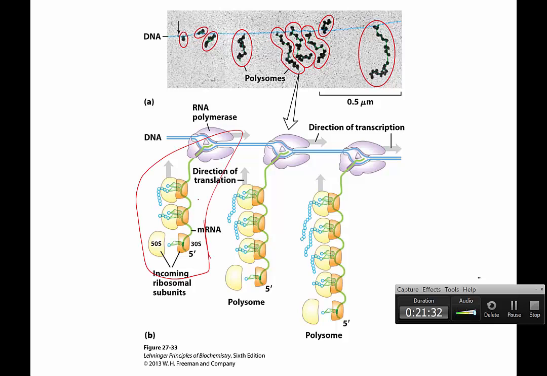These are sometimes referred to as polysomes. So this would be an individual polysome. This has multiple ribosomal units synthesizing polypeptide chains, all at various stages. So this guy here has just initiated. You have a short polypeptide chain, you have a long polypeptide chain here.